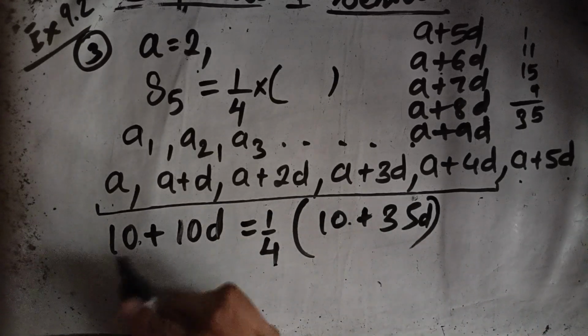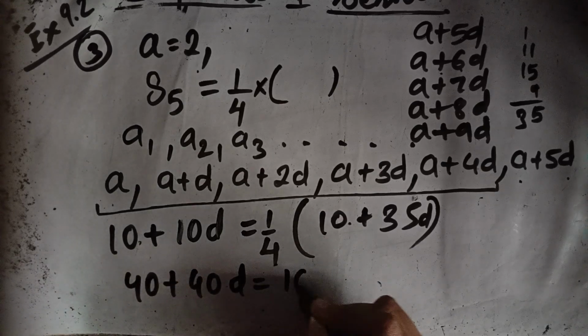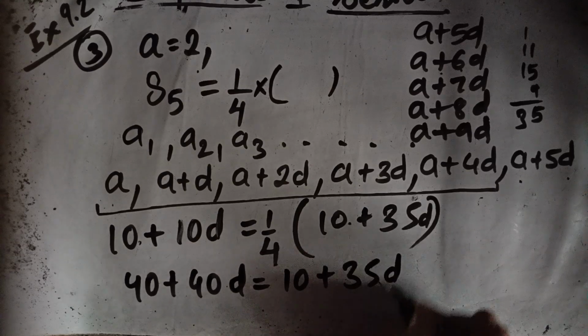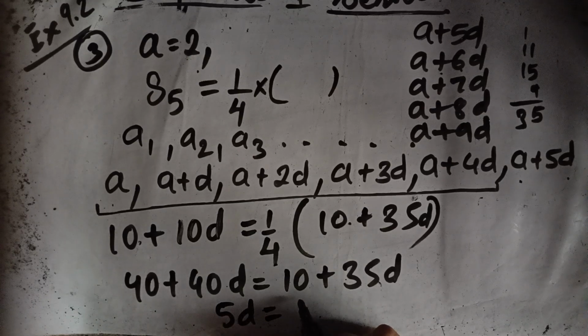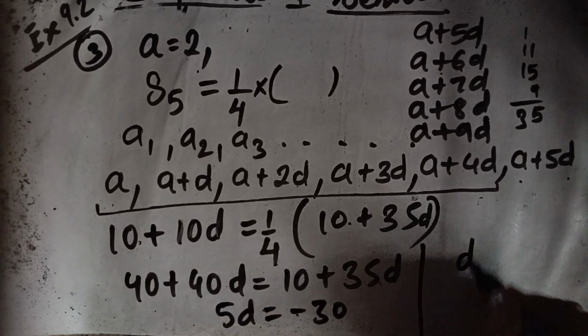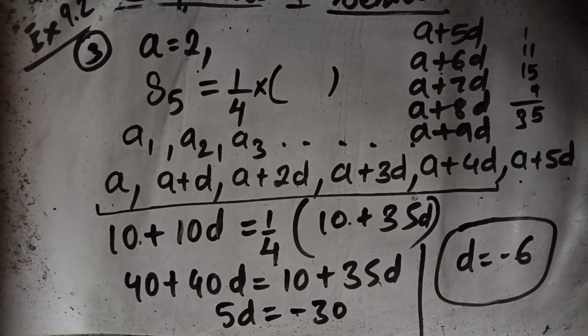So if I multiply by 4 here, it becomes 40 plus 40d equal to 10 plus 35d. So 40 minus 35 is 5d, 10 minus 40 is minus 30. So d is minus 6. Then you have to show that the 20th term is minus 112.